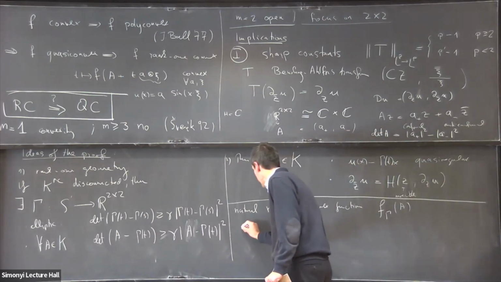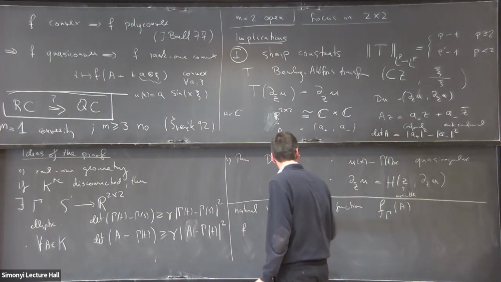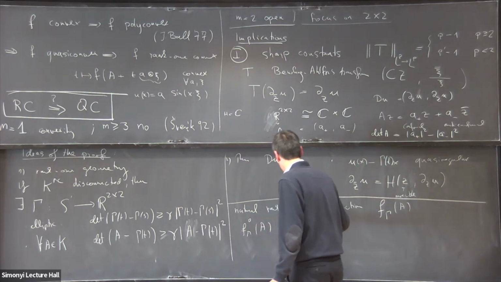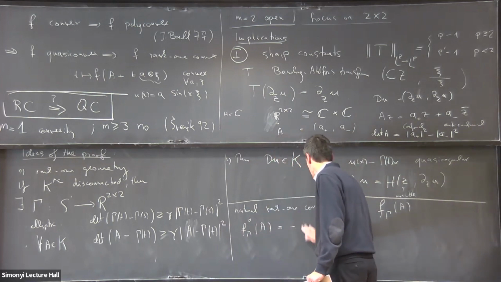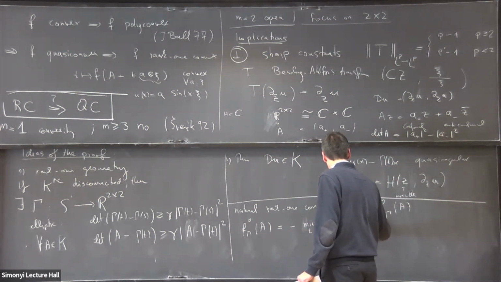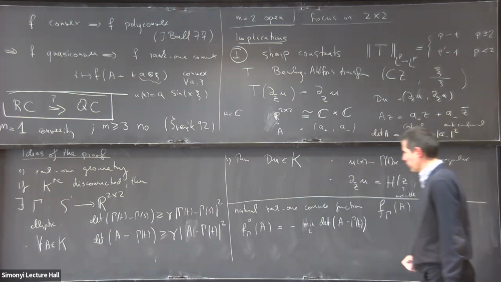It is defined in the following way. First of all, take F0 gamma of A, which is just minus the minimum over T of the determinant of A minus gamma T.